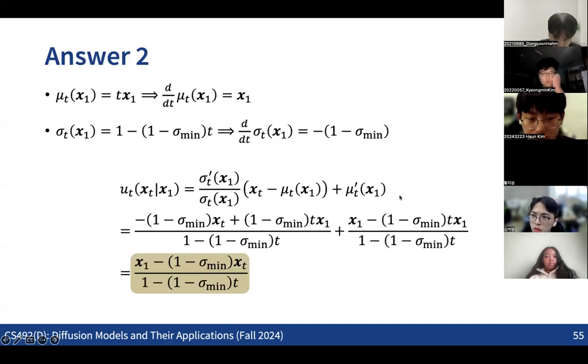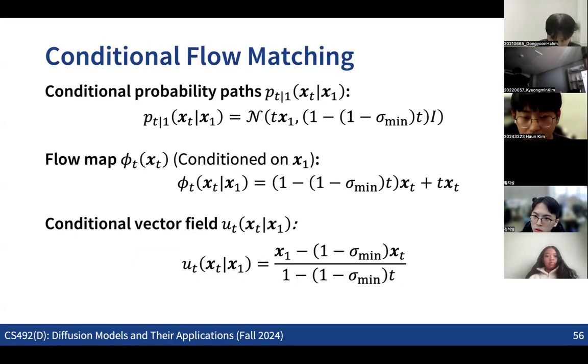It doesn't need to be this specific form, and we can consider different combinations, but this is one of the simplest combinations of the conditional probability path, the flow map, and the vector field, which becomes a simple linear function.